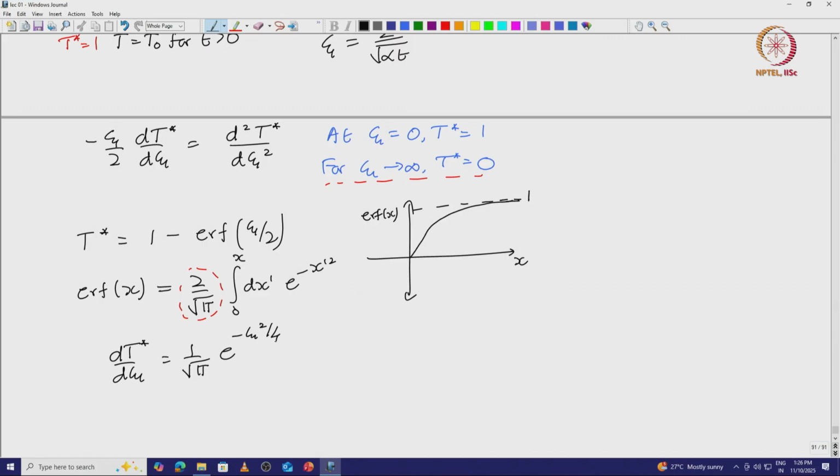That was the solution for the temperature gradient. C1 was equal to 1 minus 1 by root pi, so it should be minus 1 by root pi. These were the solutions for the temperature gradient and for the temperature field.